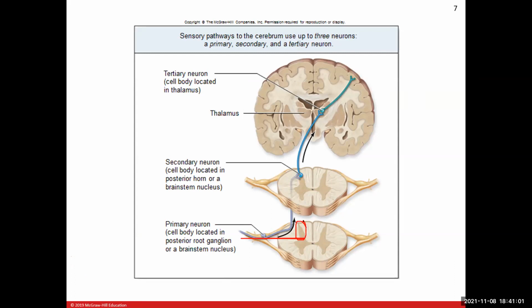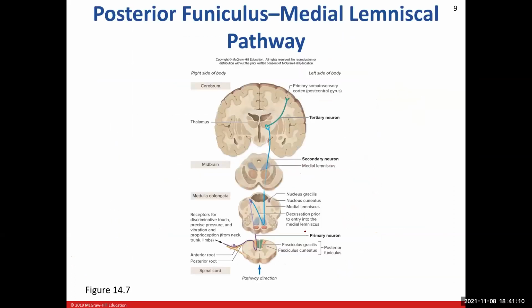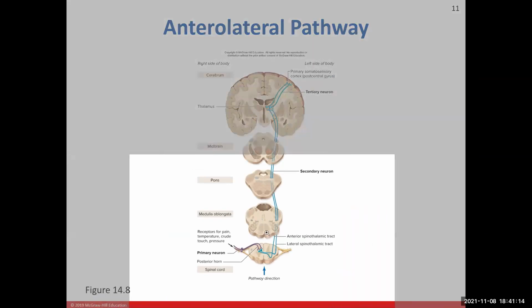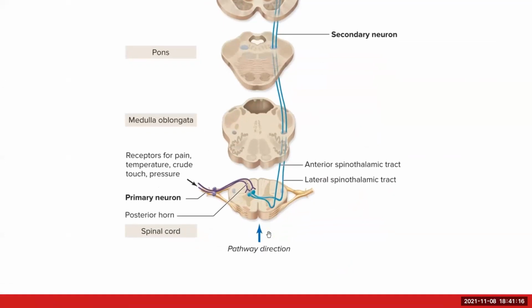So that primary neuron is going to enter in and synapse on the secondary neuron here in the posterior horn. That's what this drawing is showing you. I just didn't want to confuse you because there's two primary neurons in this picture, and I'll talk about that in a second. But the point being is that primary neuron enters in and it's going to synapse onto the secondary neuron here in the spinal cord, not in the brainstem. Spinal cord.